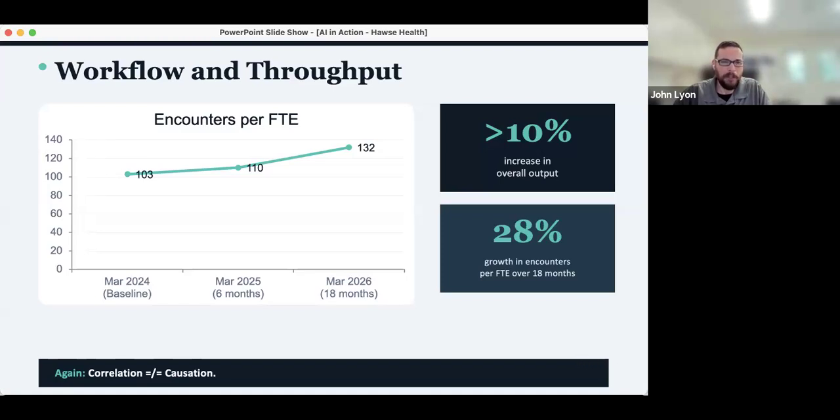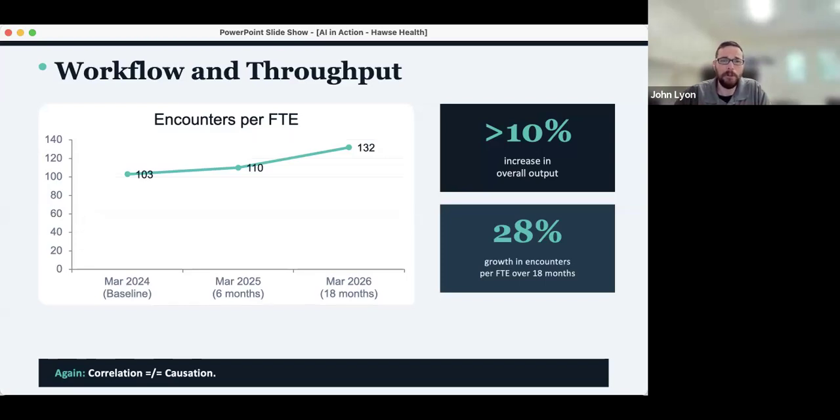One of the big things with throughput is we didn't set out with a goal for productivity, and I would consider this a downstream effect of sustainability, not a primary justification for the tool.